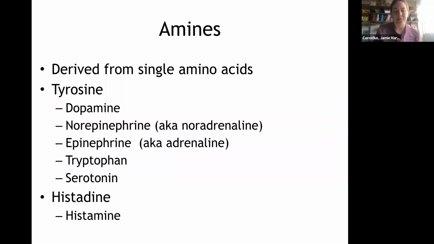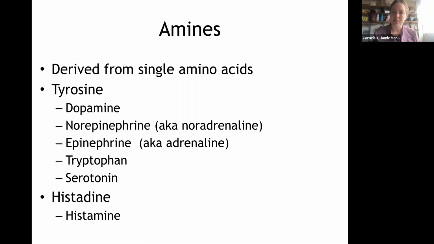Okay, so other kinds of neurotransmitters, we have amines, which are derived from single amino acids, and some examples that you're, I'm sure, familiar with are dopamine, serotonin, and then the adrenergic hormones, norepinephrine and epinephrine. You've probably also heard noradrenaline and adrenaline. They're the same things.